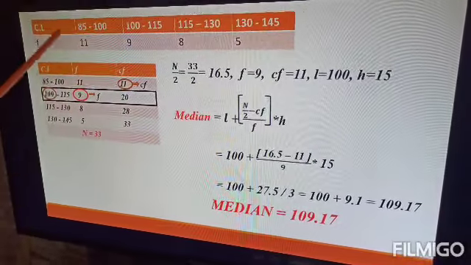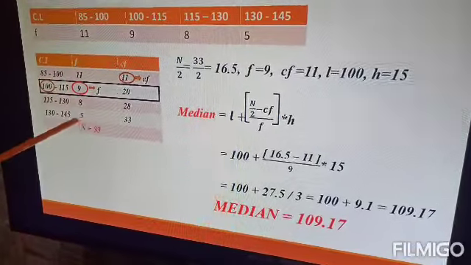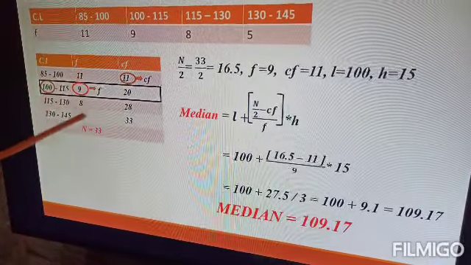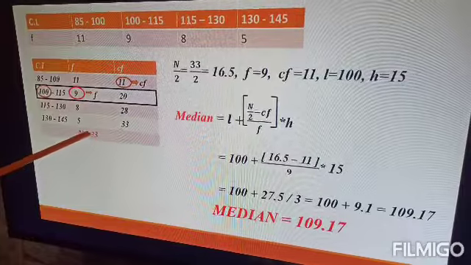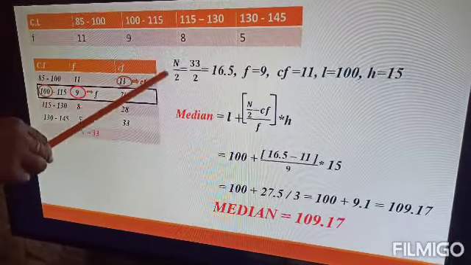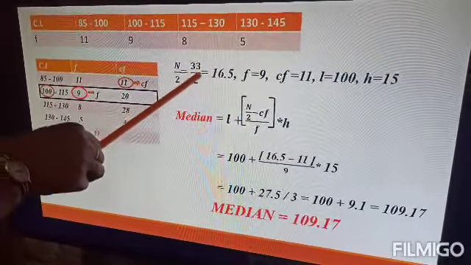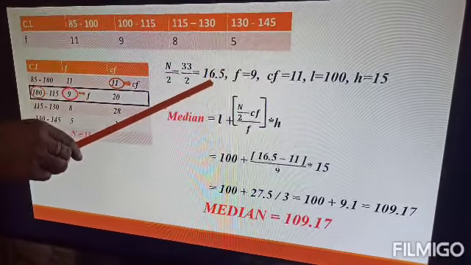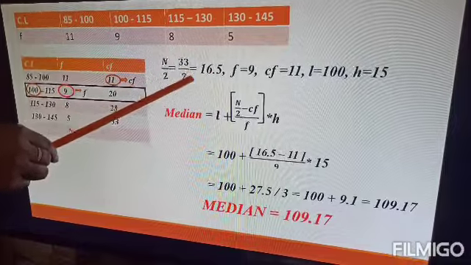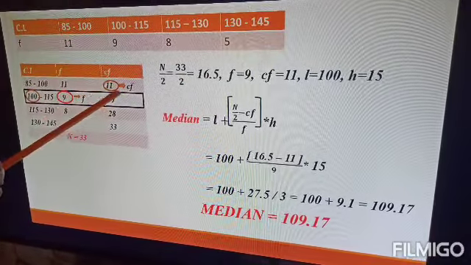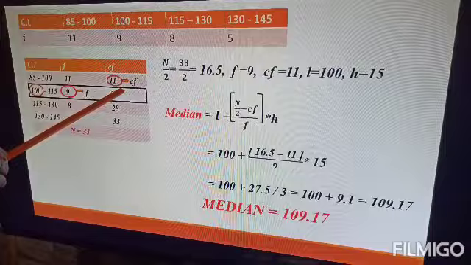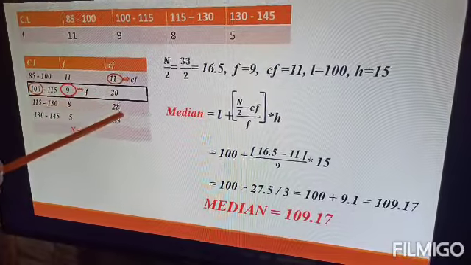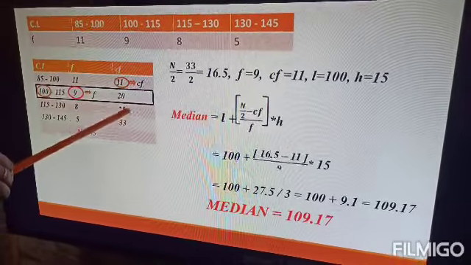First we add the frequency column, the total number of frequencies is equal to N. We got 33. N by 2 is 33 by 2, which is 16.5. Which median class does 16.5 belong to? We find that by the cumulative frequency column.